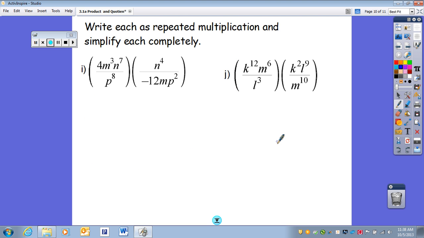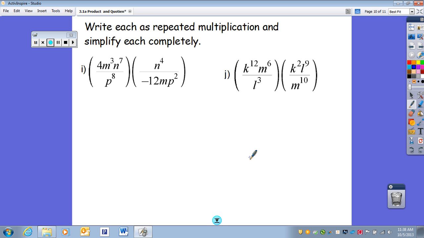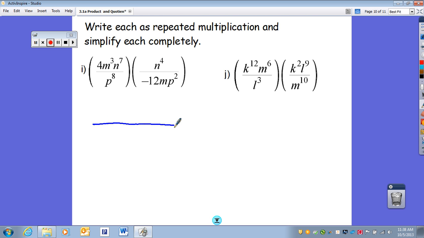Let's take a look at a couple more examples and see if we can do them without doing the repeated multiplication. So I have 4m to the 3rd, n to the 7th in the numerator, as well as n to the 4th. And then I have p to the 8th, negative 12, m p to the 2nd. So the first thing that we're going to do is take off the parentheses and rewrite the numerator as one expression and the denominator as one expression.